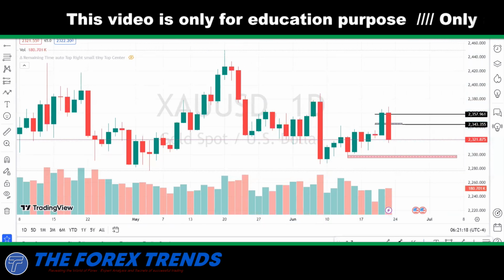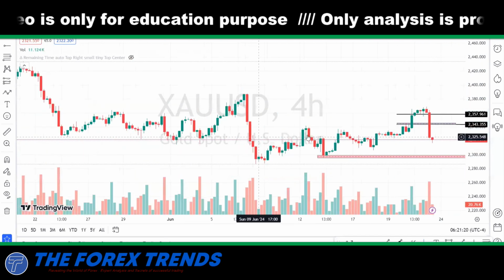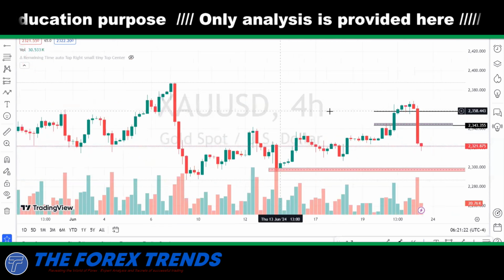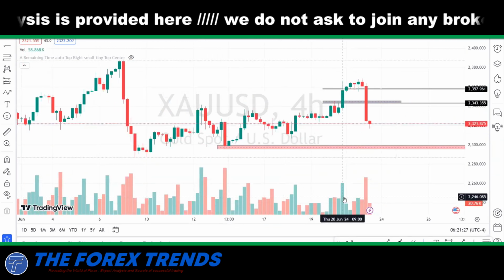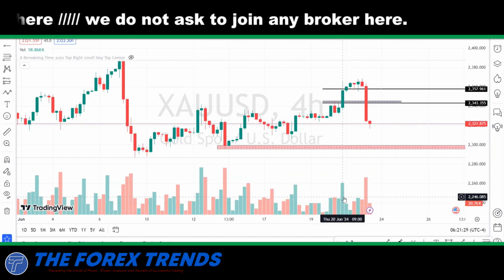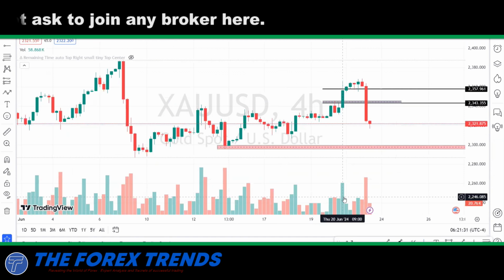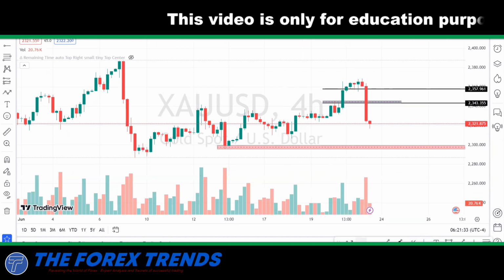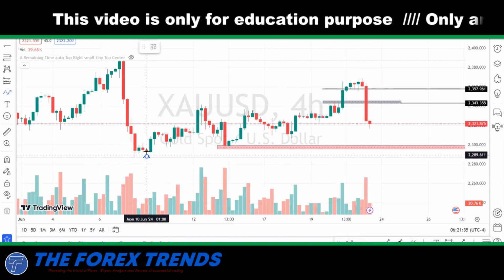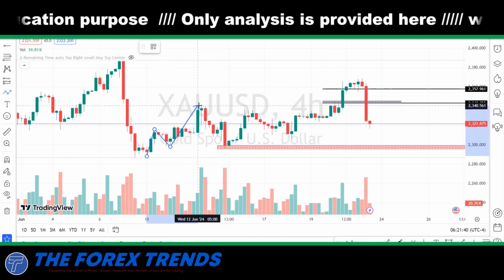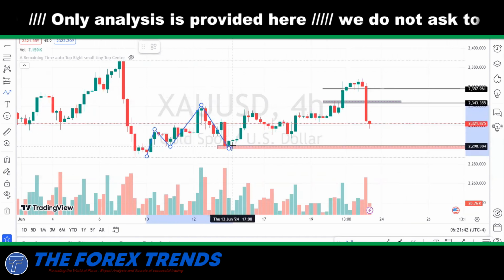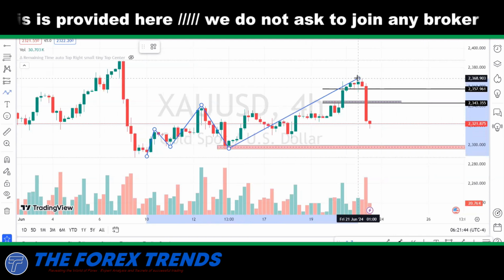Now check for the potential trade setups. We need to check in a smaller time frame. Now let me mark the structure in the four-hour time frame. This is the four-hour time frame of gold. Okay, in the four-hour time frame, if I mark the structure, this is higher high, higher low, higher high, then higher low, then a new higher high.